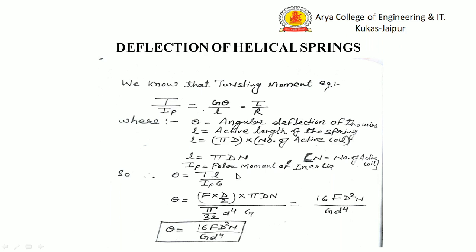Here IP is the polar moment of inertia. From this torsion equation we get theta is equal to TL divided by G IP.